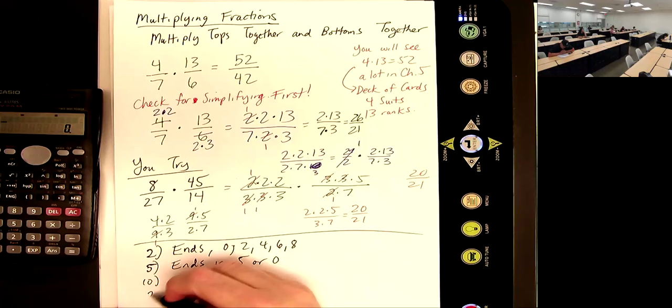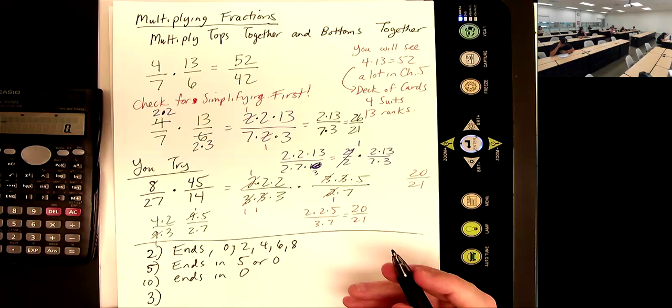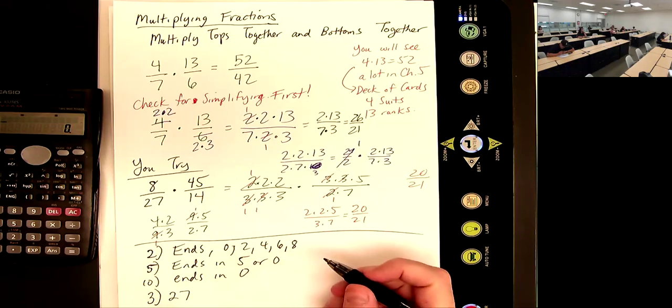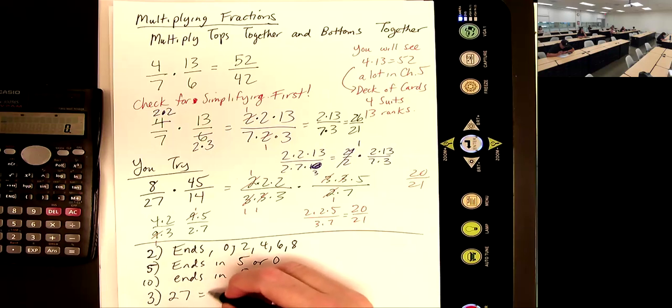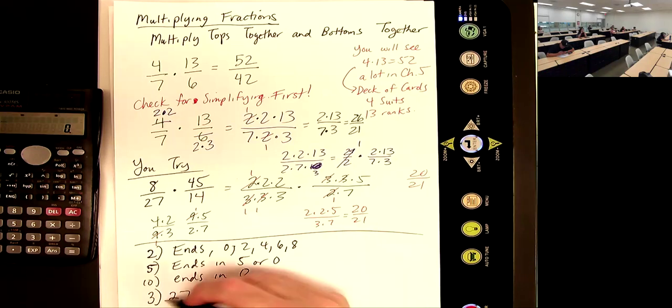And 3 is one you can often do in your head. Like 27, you may not immediately remember it's 9 times 3. But 2 plus 7 equals 9, and that's divisible by 3, so that means it's divisible by 3.